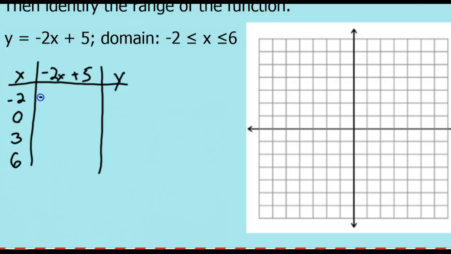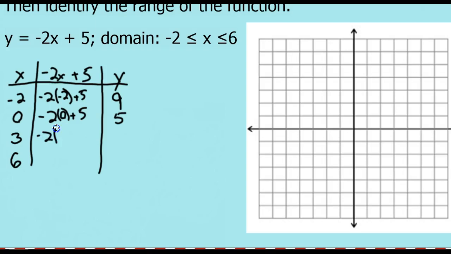So if I put negative 2 times negative 2 into our equation, plus 5, negative 2 times negative 2 is 4, plus 5 gives us 9. Negative 2 times 0 plus 5 gives us 5.